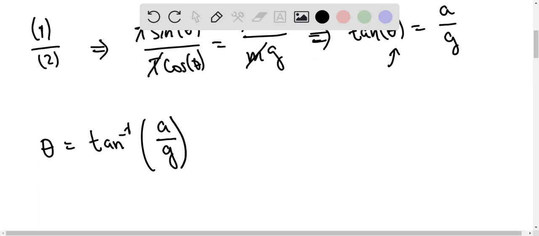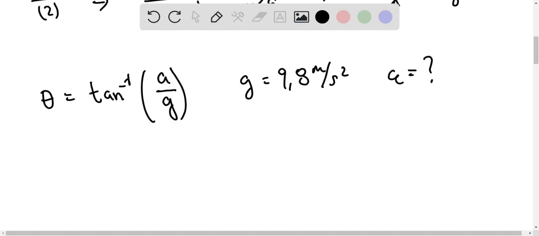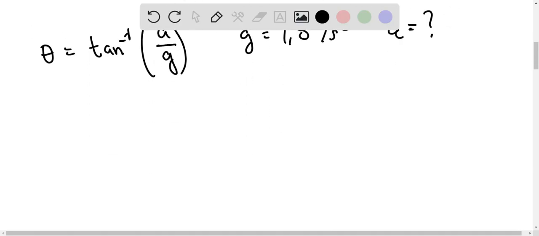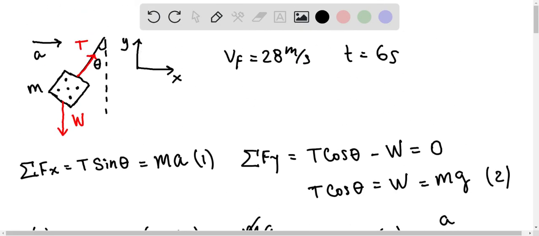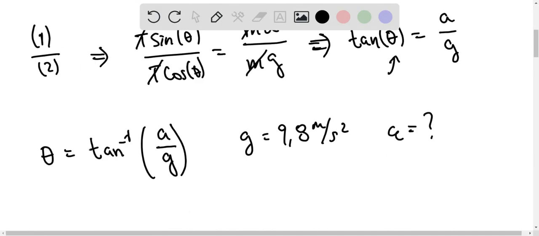We know the acceleration due to gravity, which has a value of 9.8 meters per second squared, but we don't know the acceleration of the car in which the dice is. So we need to determine the acceleration. But we know from the beginning that we are given a velocity and a time.